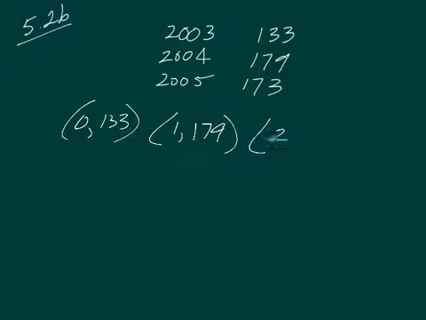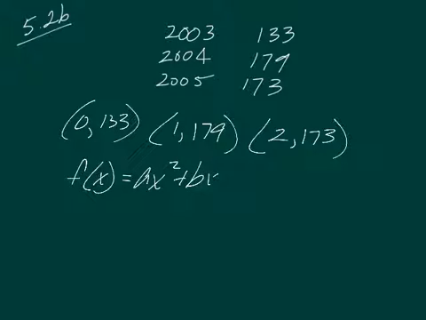And in the next year, they sold 173. So really, to do this, all we're using is the formula ax squared plus bx plus c equals our f of x.